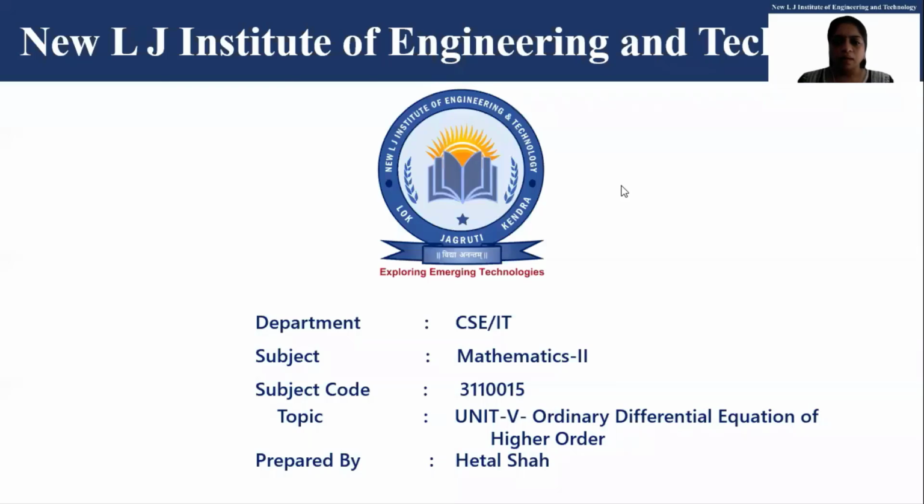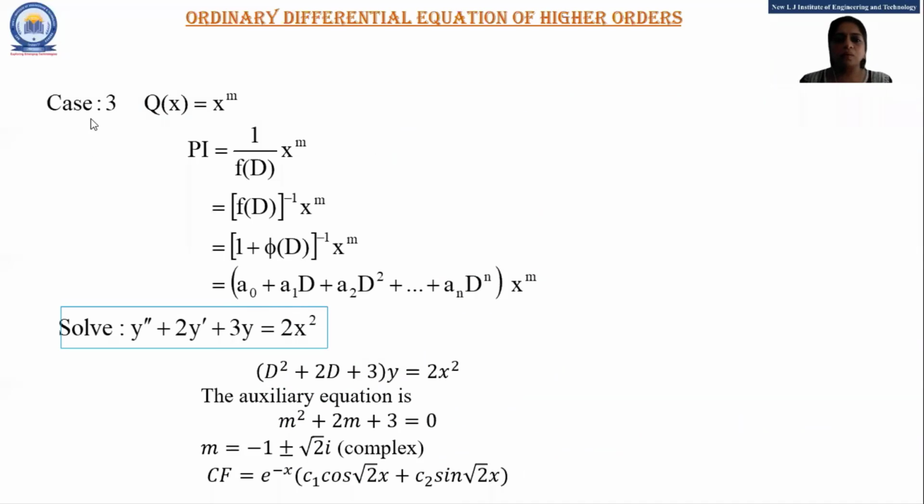Yesterday we learned about case 3, that is, if our given non-homogeneous right-hand side ordinary differential equation is of the form x raised to m or a polynomial in x, then first we have to write our function of D, that is the multiple of y, in the form of 1 plus phi D. And if we write 1 plus phi D in the numerator, then that is (1 plus phi D) raised to minus 1.